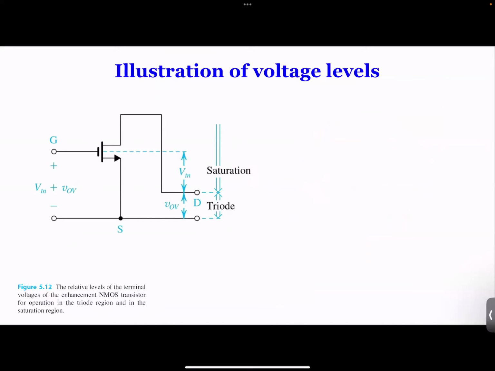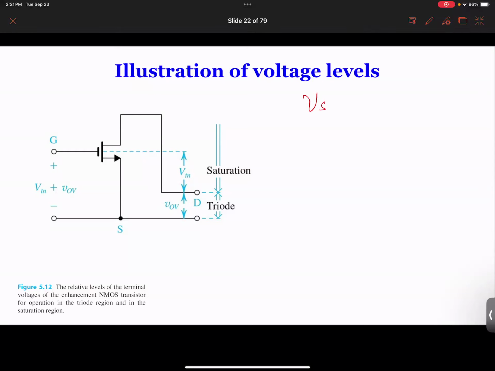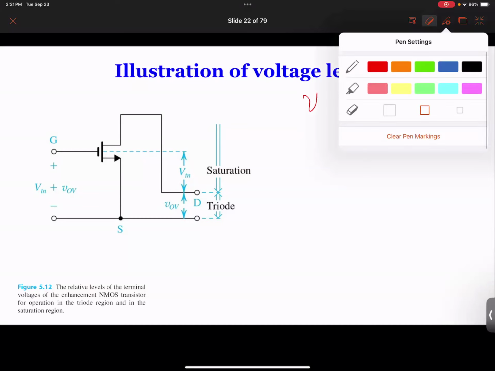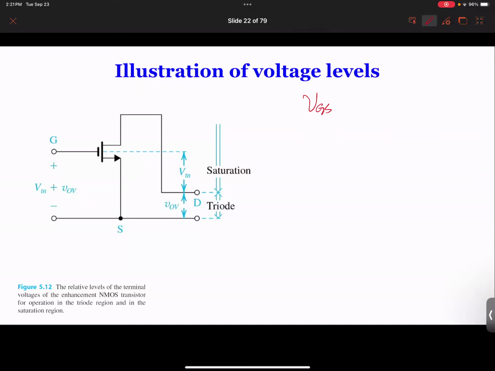Here, I want to illustrate a very simple way how the MOSFET voltage works. And from an earlier lecture, you already know that the voltage from gate to source has to be large enough to make the MOSFET work. So let's say if VGS is less than VT, the MOSFET is in the off state.